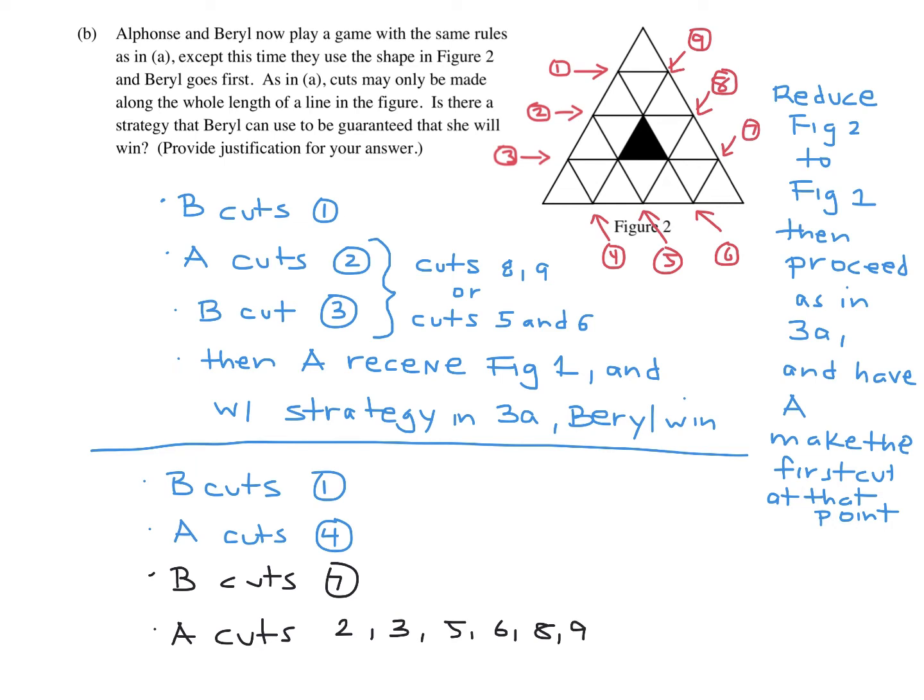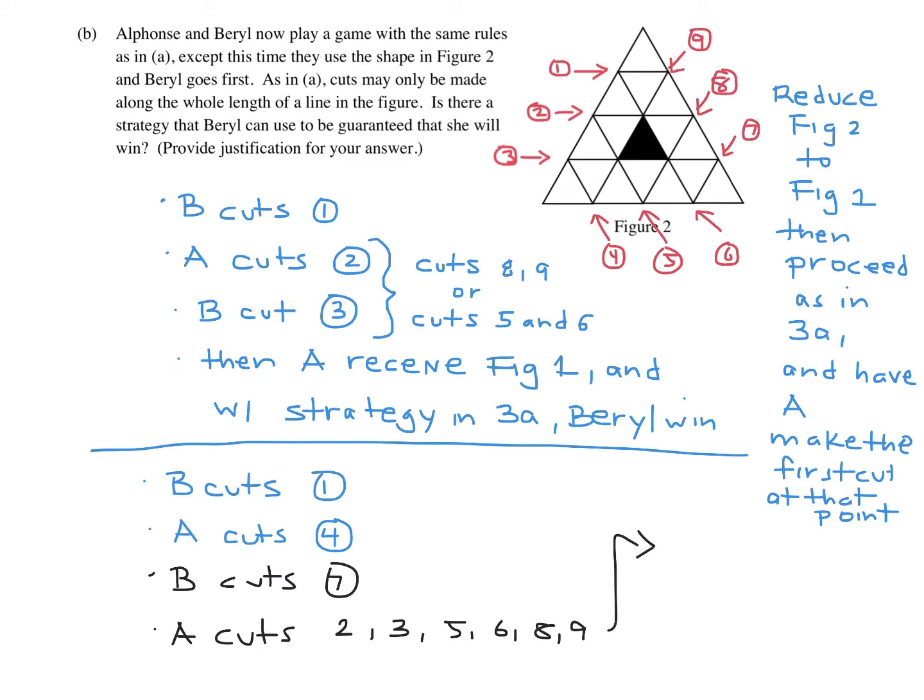Right? Because we've cut 1, we've cut 4, we've cut 7. So now 2, 3, 5, 6, 8, and 9 are empty. So let's figure out a scenario to make sure that Beryl wins.